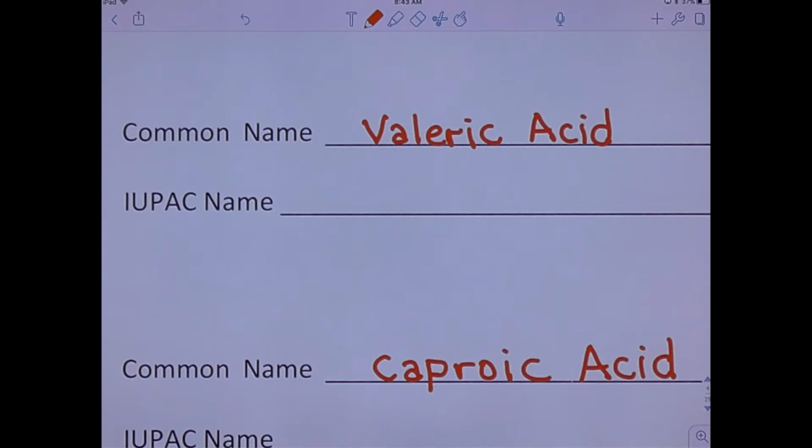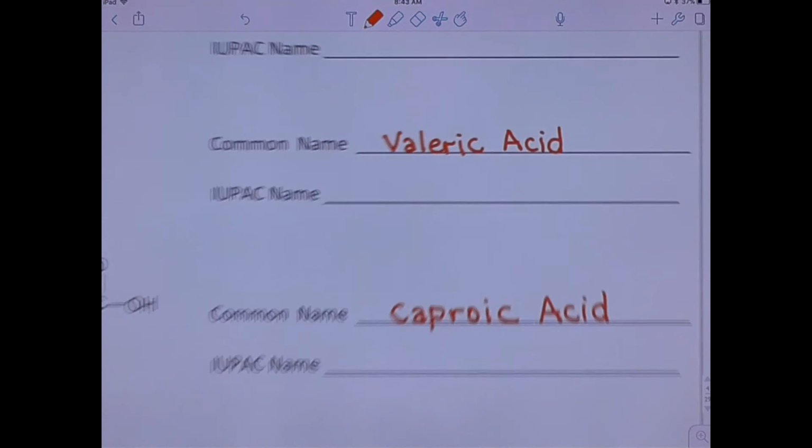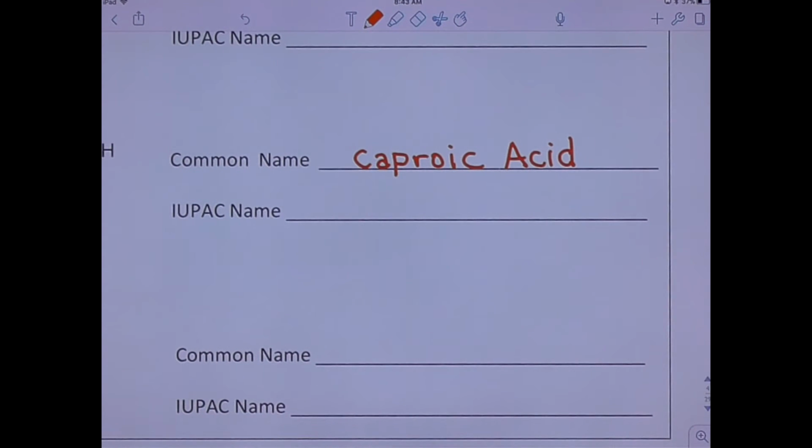What do you notice about the endings every time? It's acid. Acid and ic acid. And so if you have a benzene ring that's a carboxylic acid, what do you think it is? Benzoic.